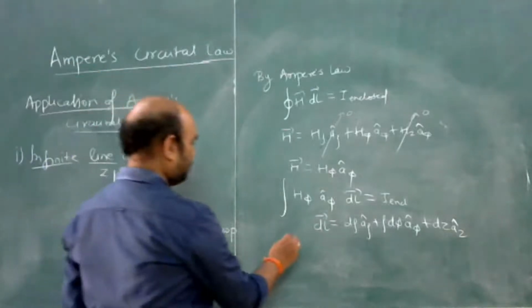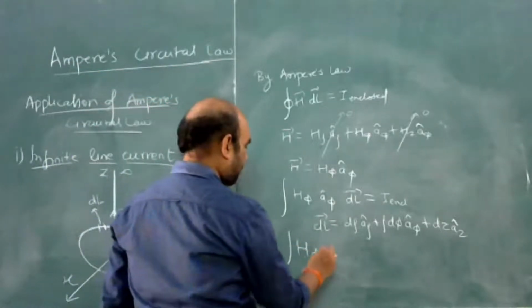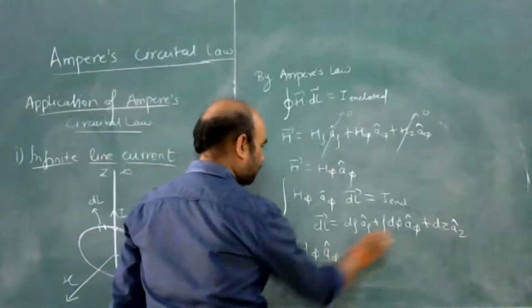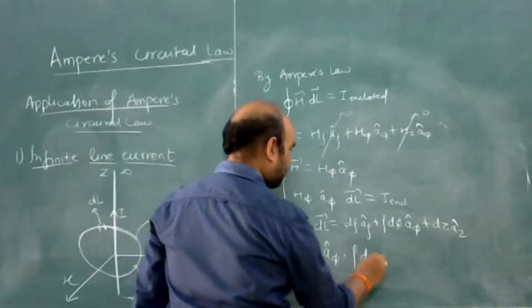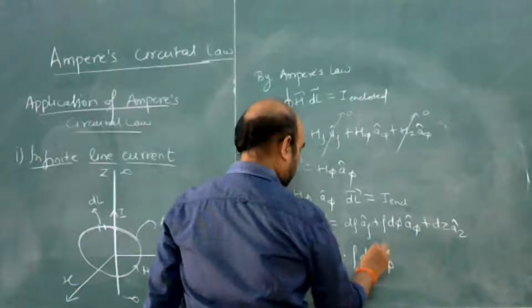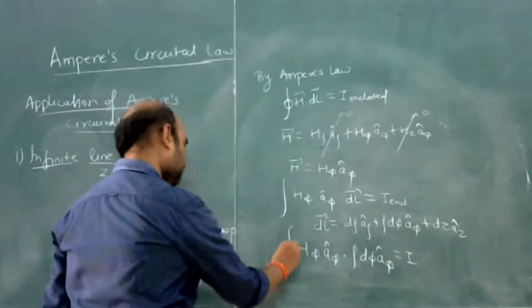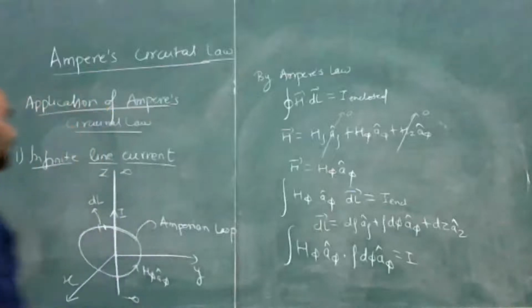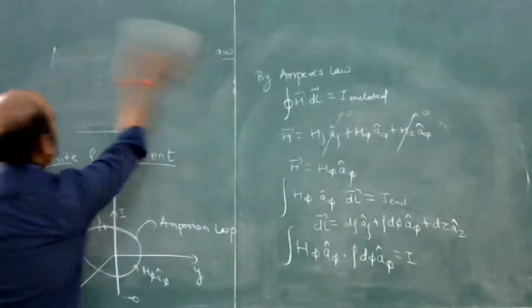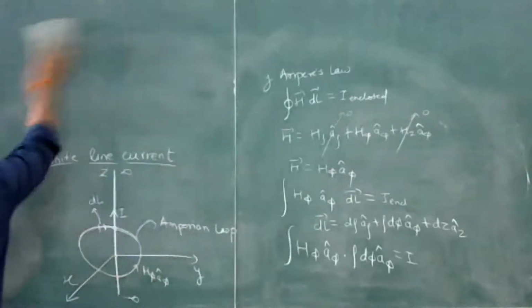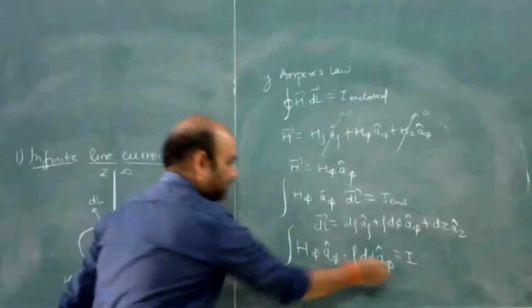So this will be H phi a phi dot rho d phi a phi, and a phi dot a phi is 1.